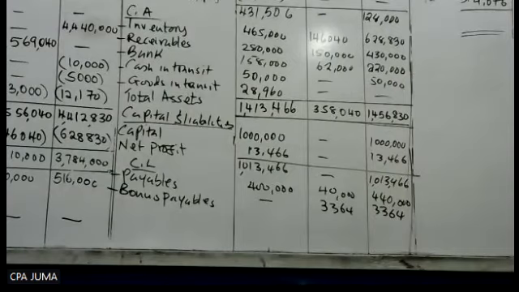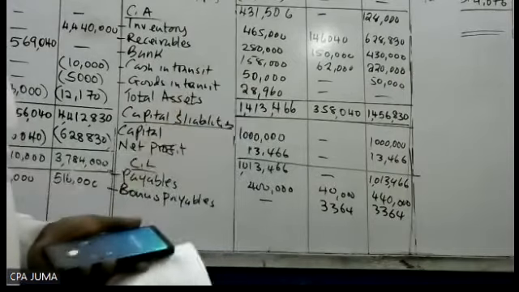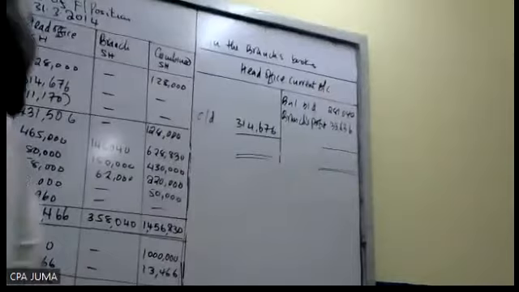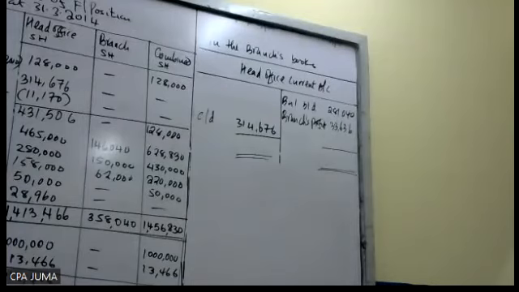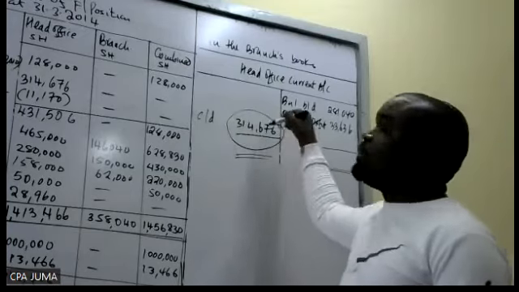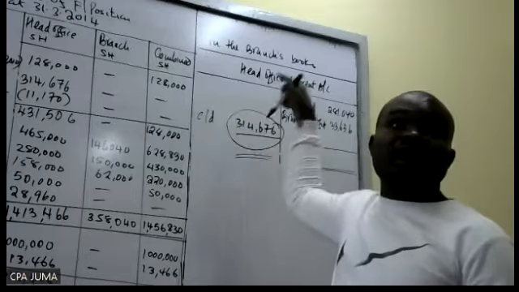So you see the head office, this account here, the head office current account. This balance here, the branch should pay to the head office.